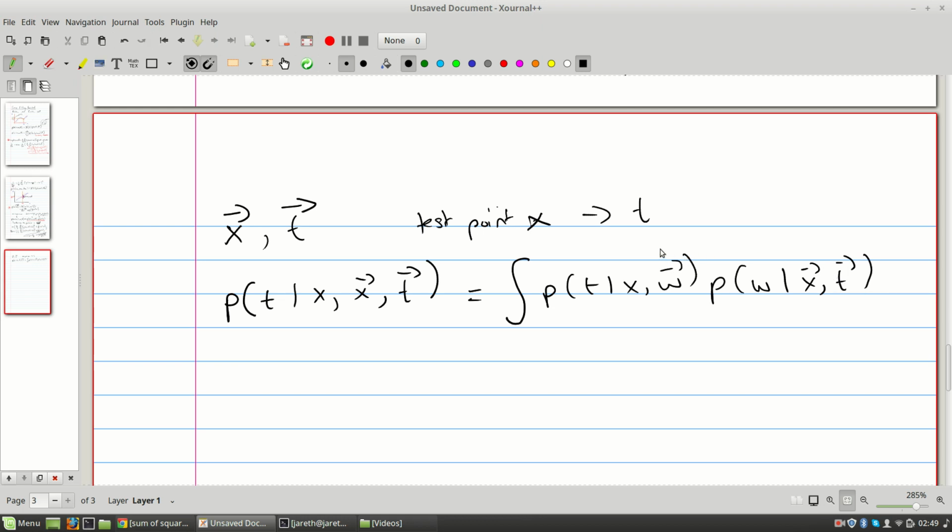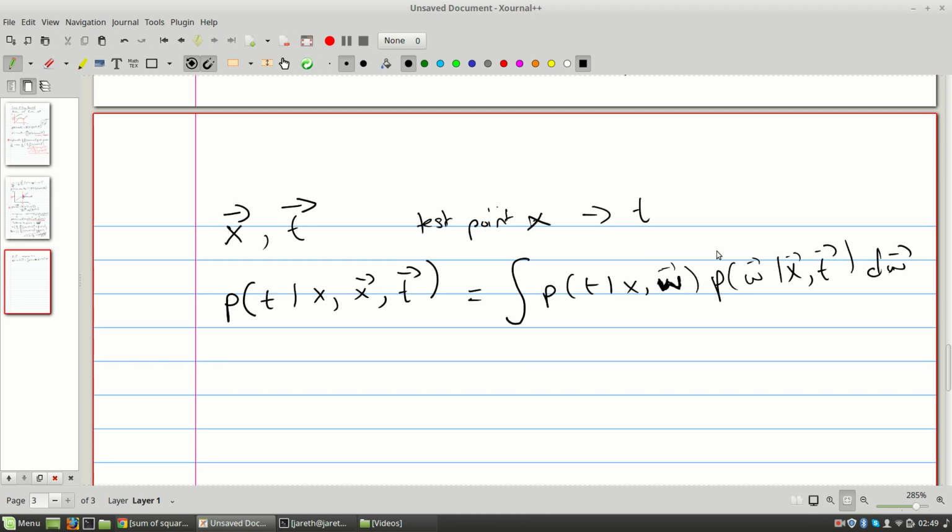Let me try to use a different form to make things clearer. I'm going to make w bold, since it's also a vector. So, probability of w given X, T, dw.